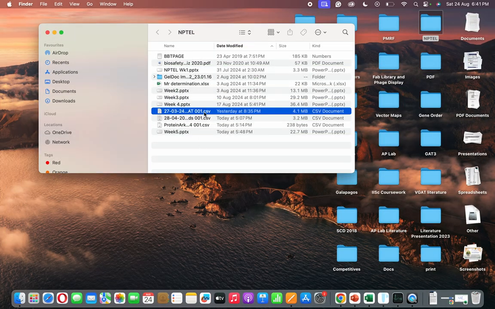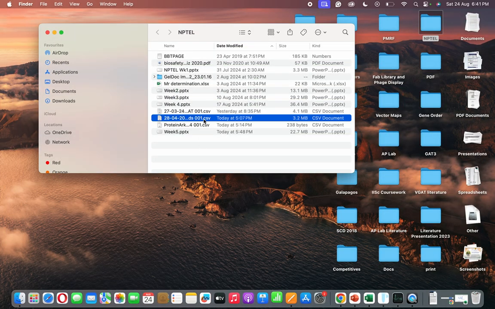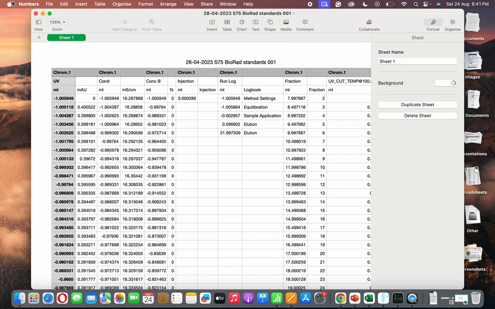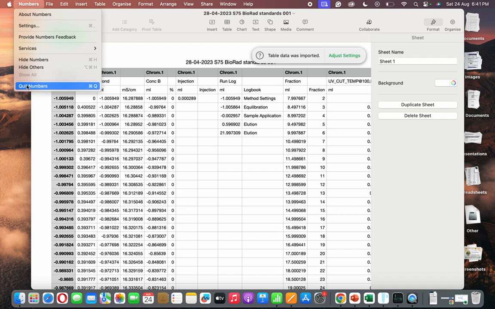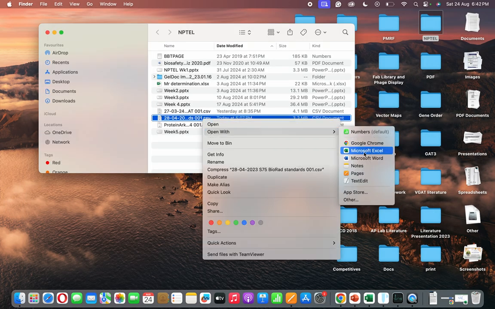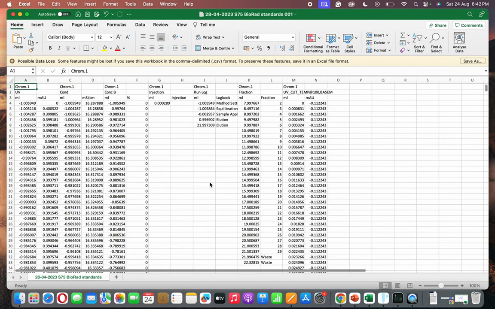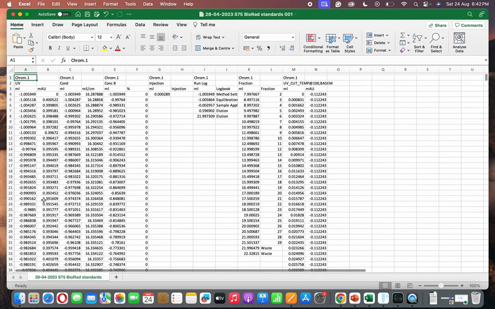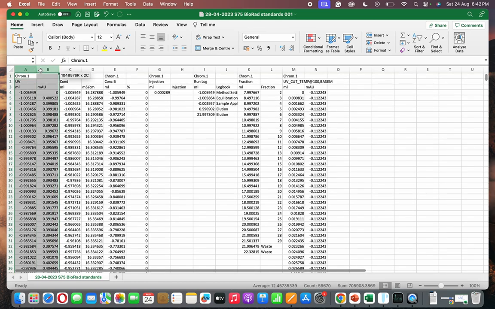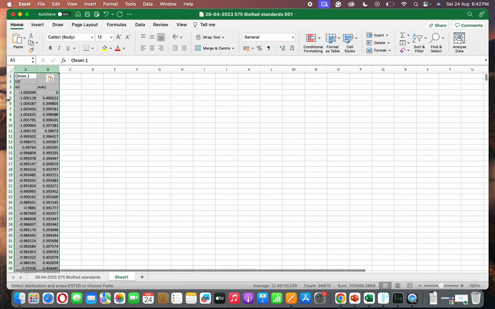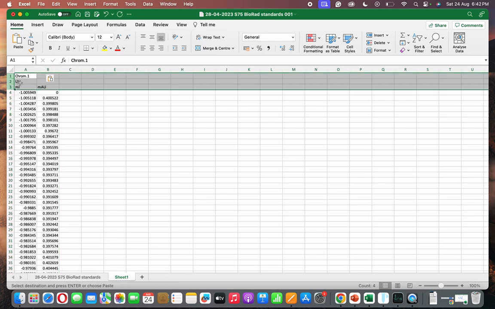but you also have to keep in mind what kind of column you are using. Okay, so this is the same standard run, but this is run in an S75 column, which means that the exclusion limit of this column is 75 kilodalton.